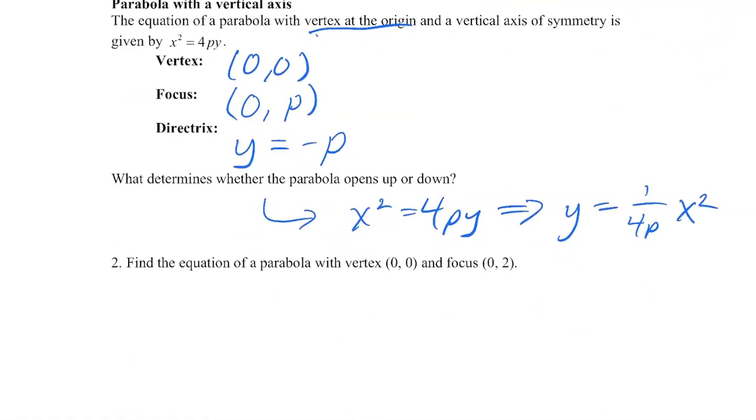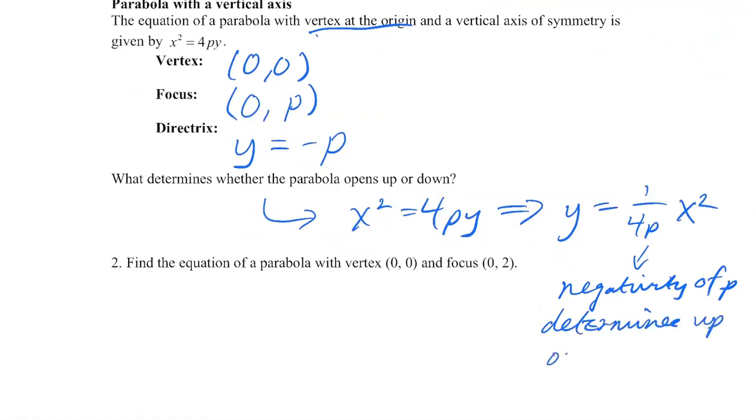What would determine whether the parabola opens up or down is whether p itself is positive or negative. So the sign of p determines up or down opening.